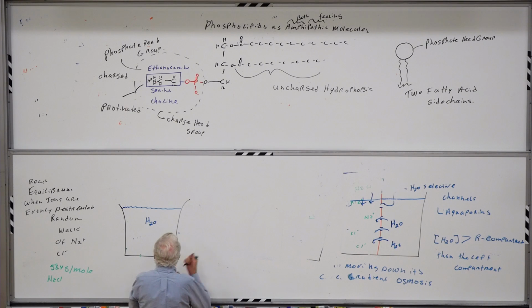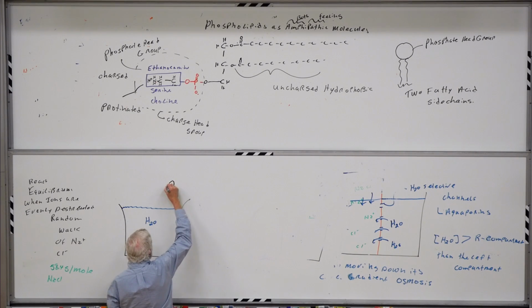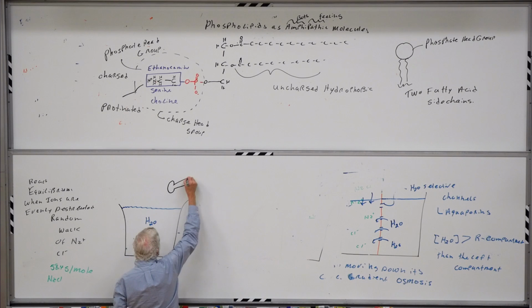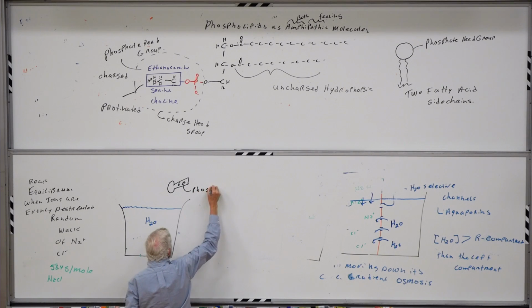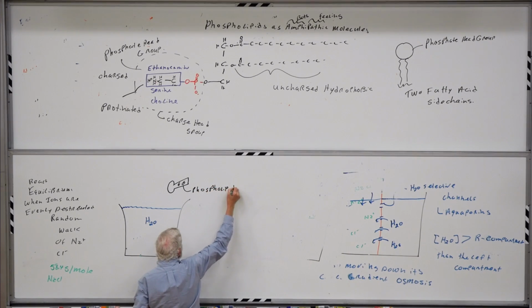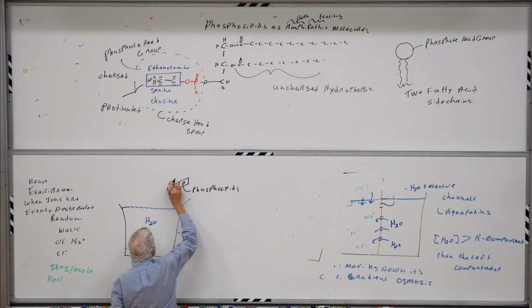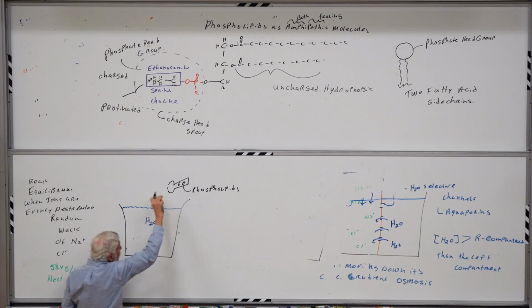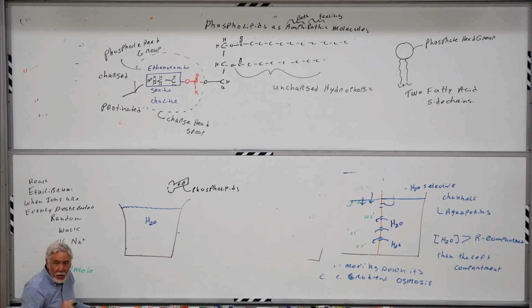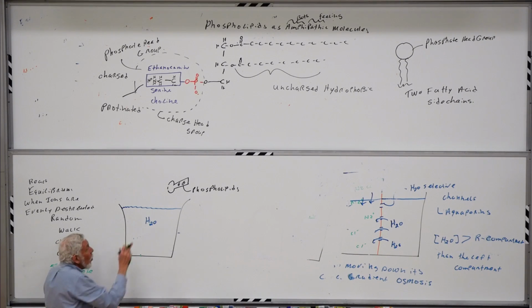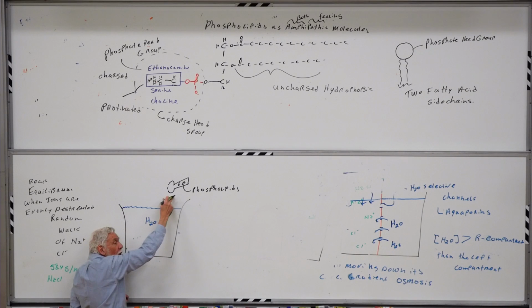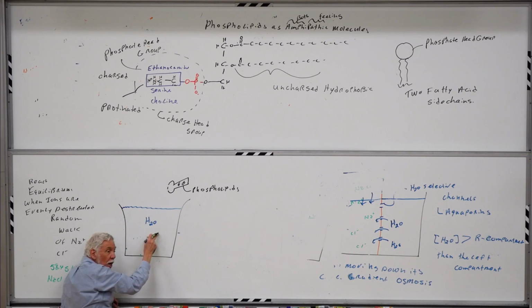And then up here, this is going to be meant to be a salt shaker. And we've put in phospholipids. And in this thought experiment, you imagine we can now take the salt shaker and sprinkle onto the surface of water the phospholipids. Of course, this is not possible to do, but when we think about it now, what I want you to think about is how these phospholipids are going to organize themselves and orient themselves in the water.